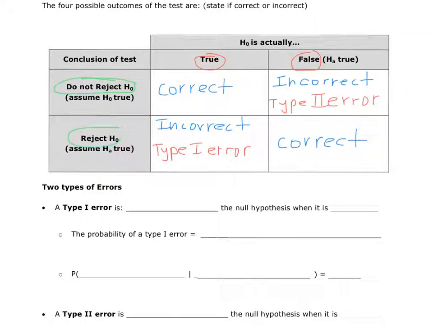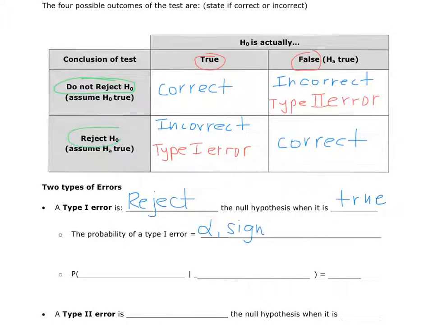Let's define these 2 types of errors more specifically. A type 1 error is when we reject the null hypothesis when it is actually true. And there's a probability that we assign to this, and actually it is the significance level that we choose at the beginning of the test.